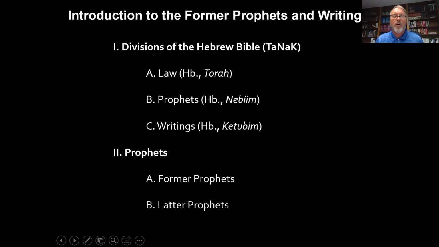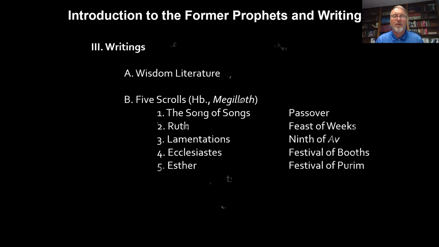Let me say a word about the writings now, go to a little more detail on them. Again, there are a predominant number of books in this section known as the wisdom literature. In particular, Job, Psalms, Proverbs, Ecclesiastes, and the Song of Songs, or Song of Solomon, as it's called in some cases.